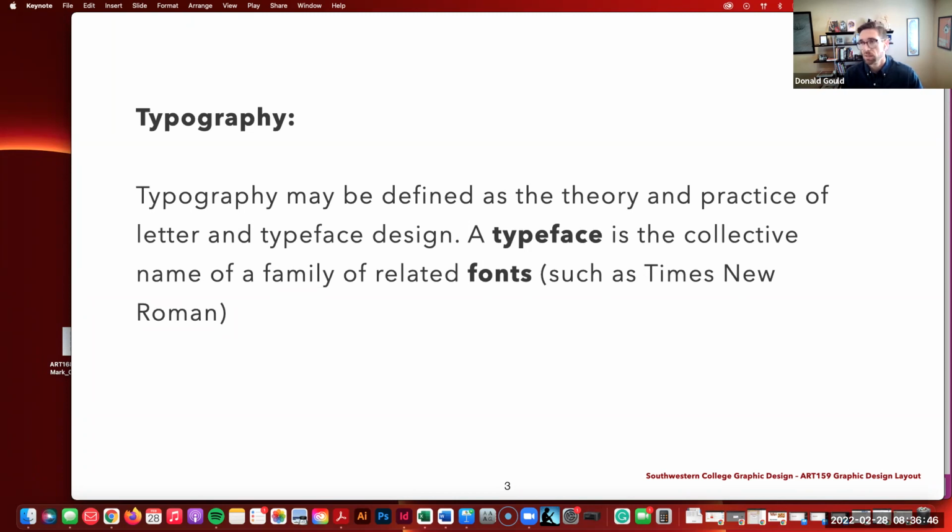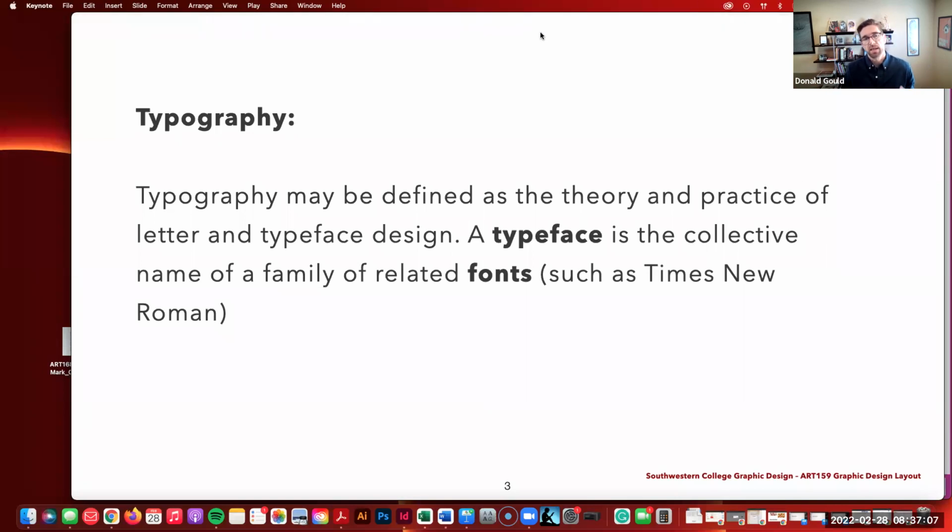So for example, let's think of something like Times New Roman, which we've all used in the past, even if you've used a word processing system like Microsoft Word, right? Times New Roman is a typeface. It's sort of the family of what these letter forms look like.